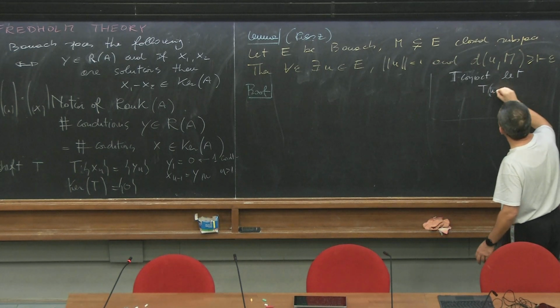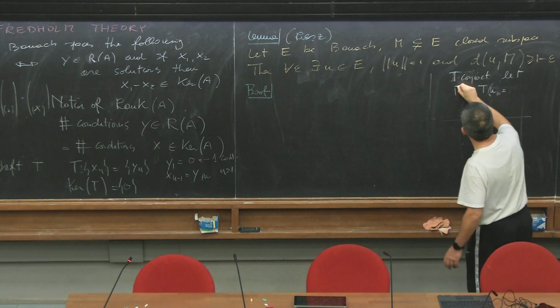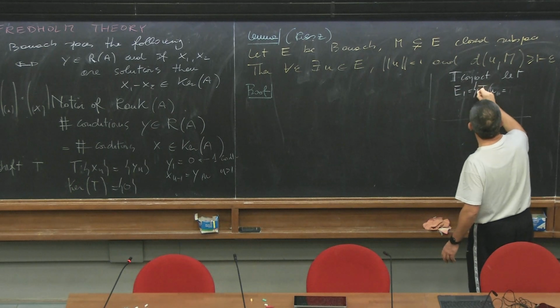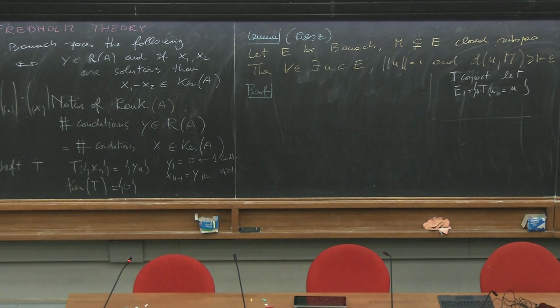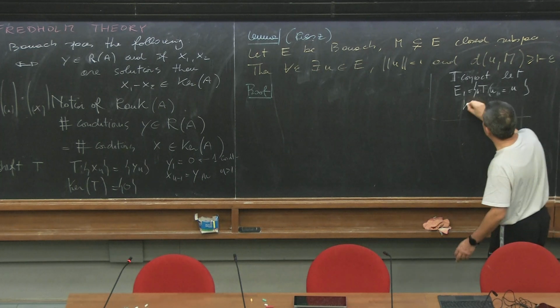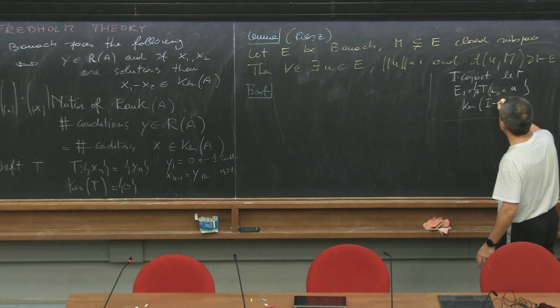Take the eigenspace E1, which are all the U such that TU is equal to U. So I'm studying the kernel of identity minus T.